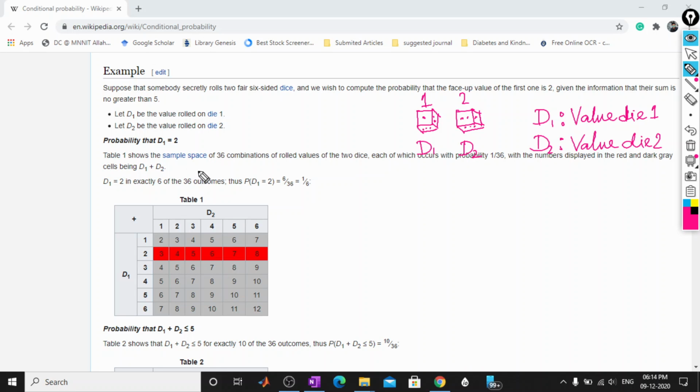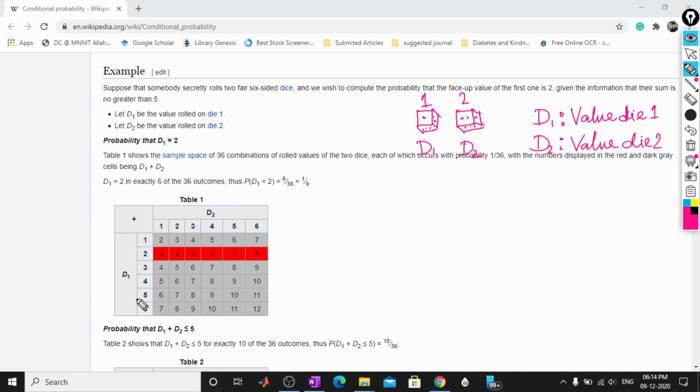Now we are defining the probability. Just read this, and first look at this chart table. If we throw die 1, what kind of values can occur? Six kinds of values: 1 2 3 4 5 6.